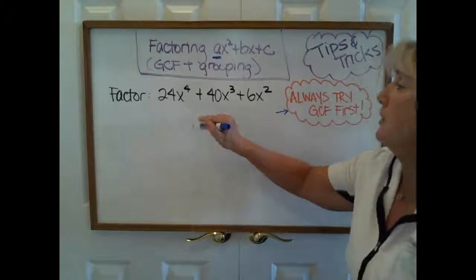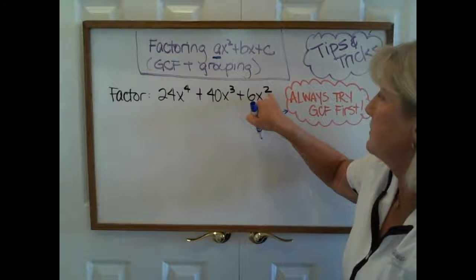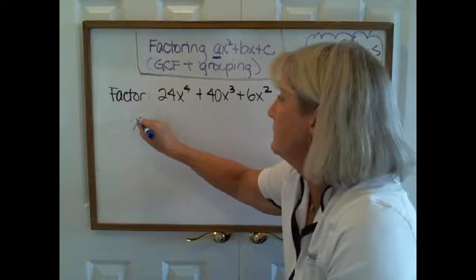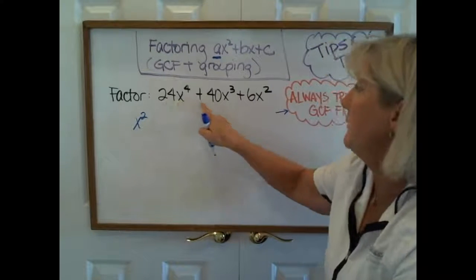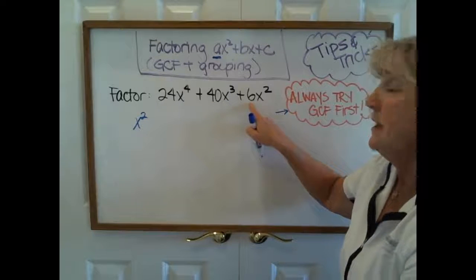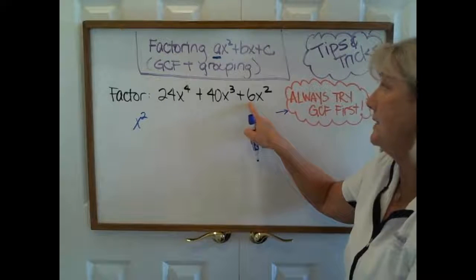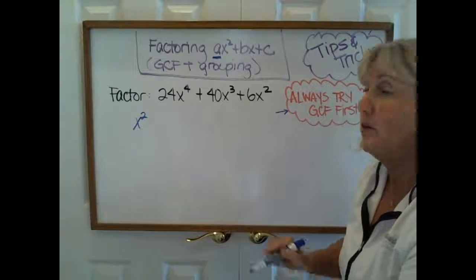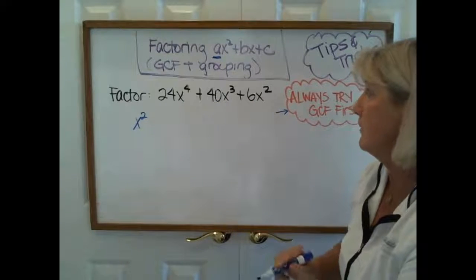So first of all, I'm going to look at the x's, and I'm going to take out the smallest power of x. So I can take out an x squared. And then I look at the 24 and the 40 and the 6. The biggest number I could possibly take out is 6. But that doesn't work because 6 doesn't go into 40. It goes into 24, but it doesn't go into 40.